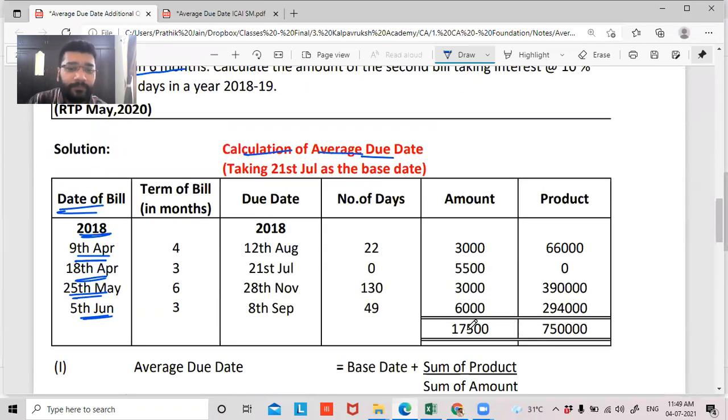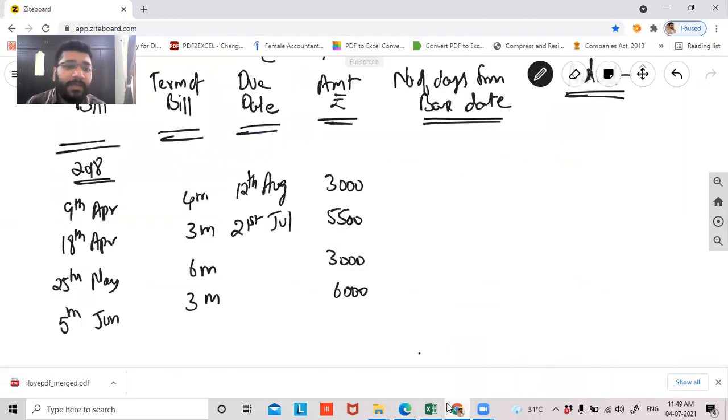Then 25th of May, 6 months: June, July, August, September, October, November, 25, 26, 27, 28. 28th of November. 5 June plus 3 months: July, August, September, September 5, 6, 7, 8. 8th of September. Please tell me, guys, among the due dates, which is the least due date?